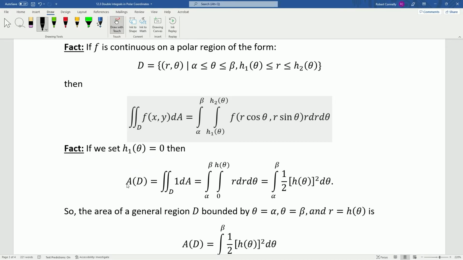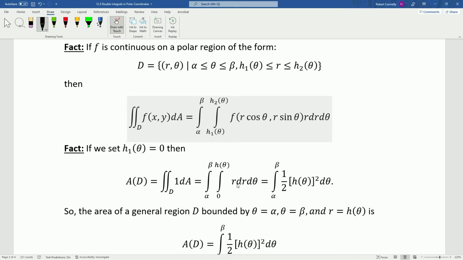Well, the area of the region D we know is equal to the double integral over D of 1 dA from our previous fact. And so if we put that in polar coordinates, we get the integral from alpha to beta of the integral from 0 to h of theta, r dr d theta.